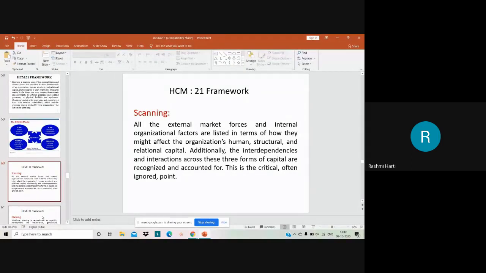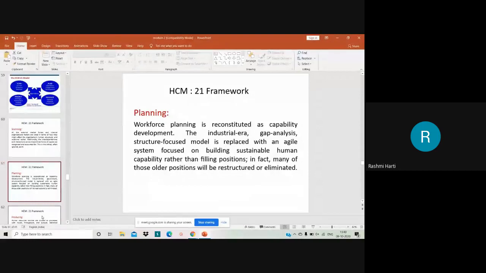So basically, when we speak about the HCM21 framework, the next point is planning. Planning is nothing but workforce planning reconstituted as capability development. So here, the industrial era gap analysis, structured focus model is replaced with an agile system focused on building sustainable human capabilities rather than filling positions.